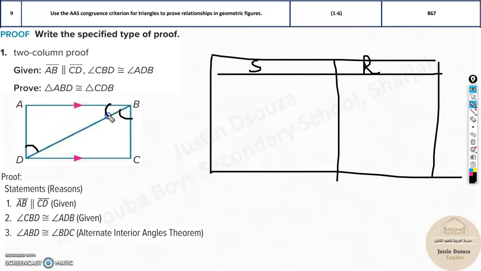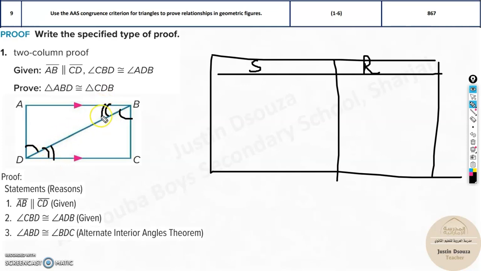ABD, can you see this angle over here, which I'll mark as 2? ABD will be congruent to either CDB or BDC, this one. Why? Because they are interior angles, inside the two parallel lines, and they are alternating angles.